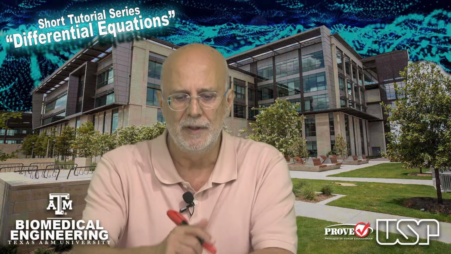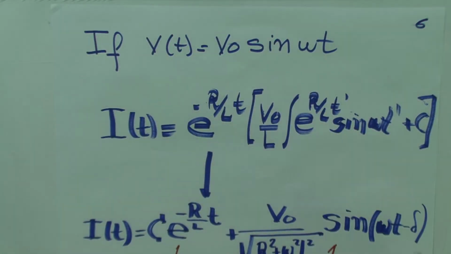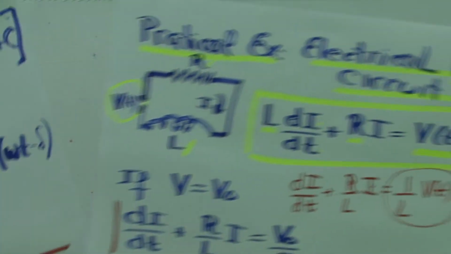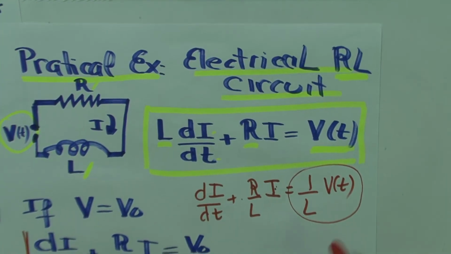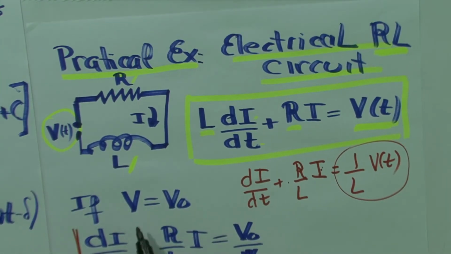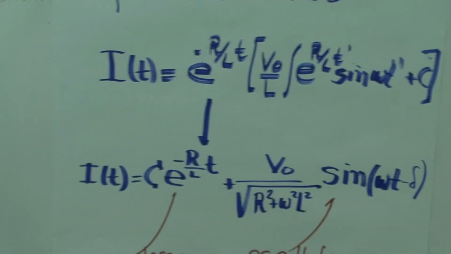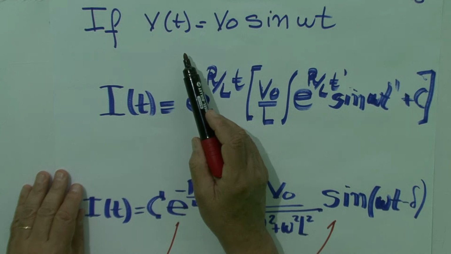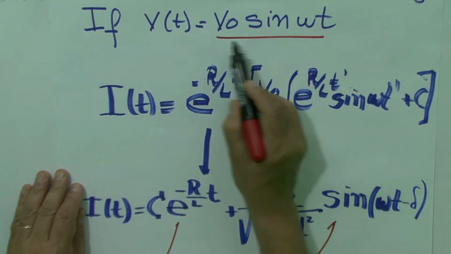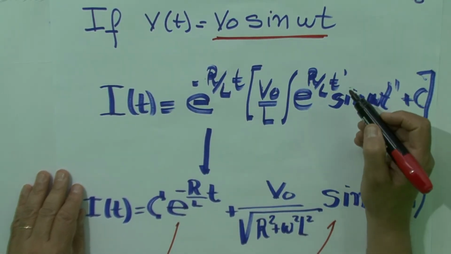Suppose now that V0 in this equation, we are dealing with the same equation. That's the equation. But now here I assumed that V is a constant. There is no time variation. But now I want to impose that V actually oscillates in time following a sine function.